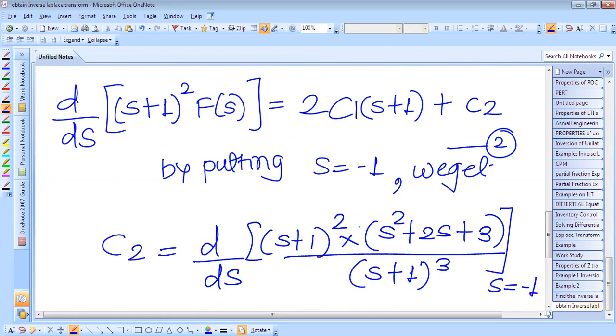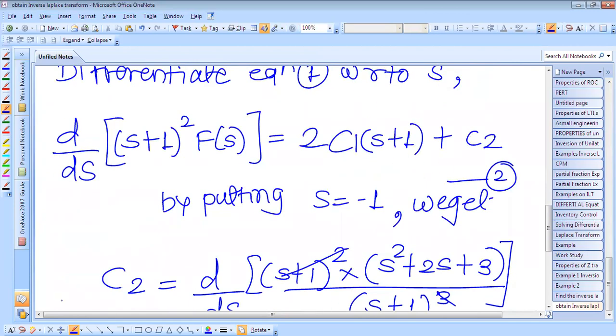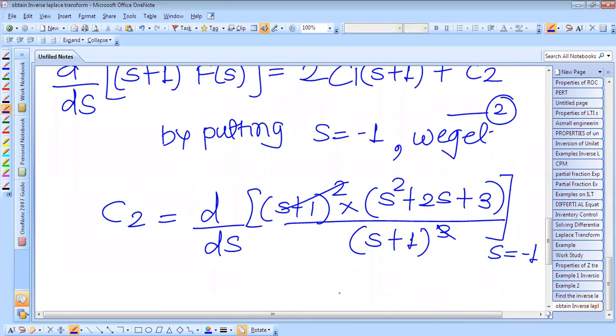So the s plus 1 cube terms get cancelled here.